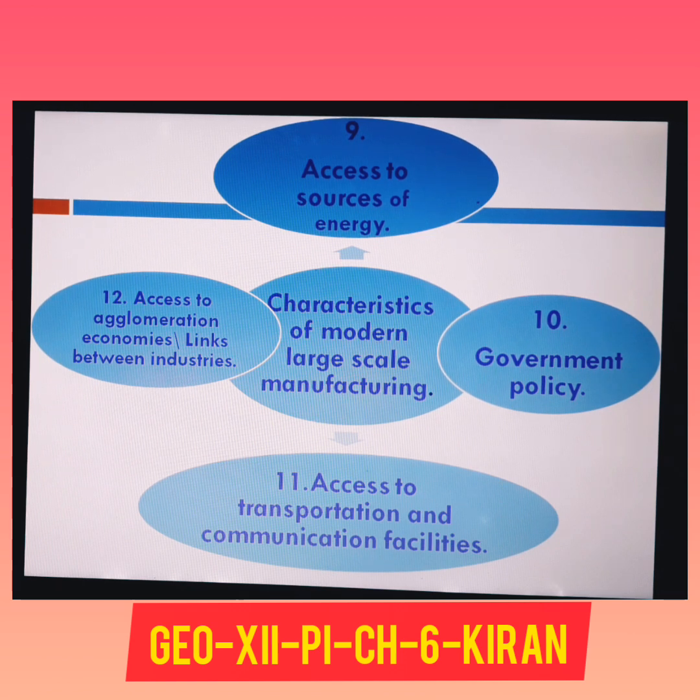One example is given here. If there is a link between industries and those industries are located very close by, it helps the manufacturing process, and also the cost of the product depends on this agglomeration economies. In other words, it is the concentration of different industries in a particular area. That's why we have today industrial regions, industrial estates, industrial parks.